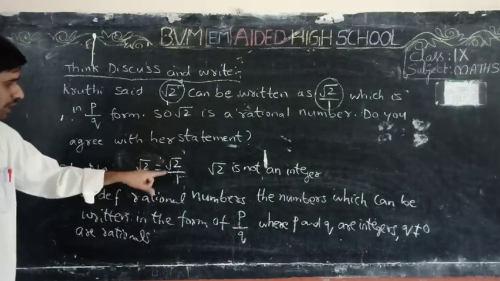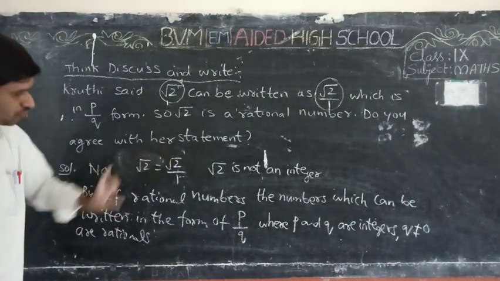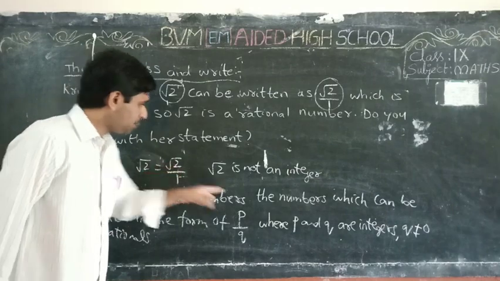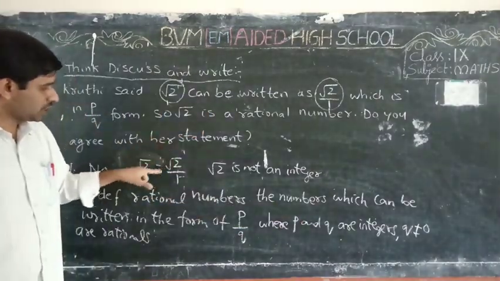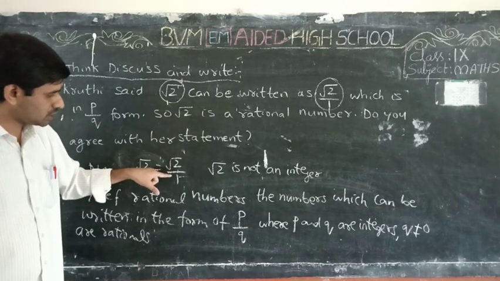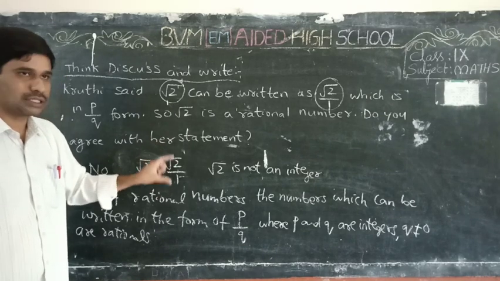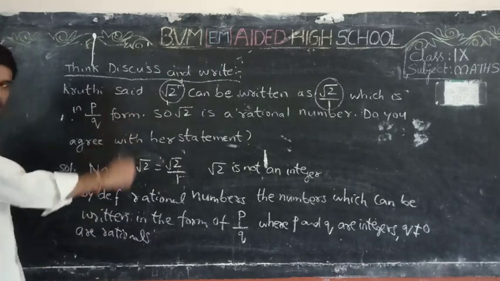Even if it is in p by q form, the condition that p and q are integers is not satisfied here. Root 2 is not an integer, 1 is an integer. So root 2 by 1 is not a rational number. It is an irrational number.